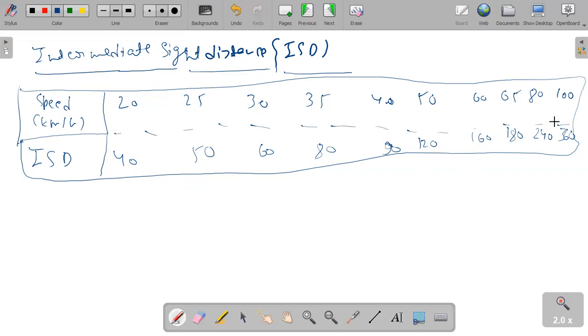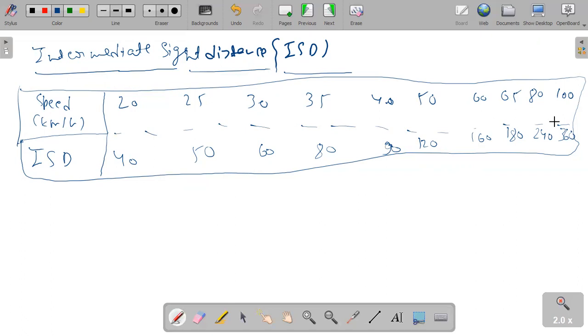One more thing in intermediate side distance: the measurement of intermediate side distance is made assuming both the eye level of the driver and the eye level of the object to be 1.2 meter above the road surface.